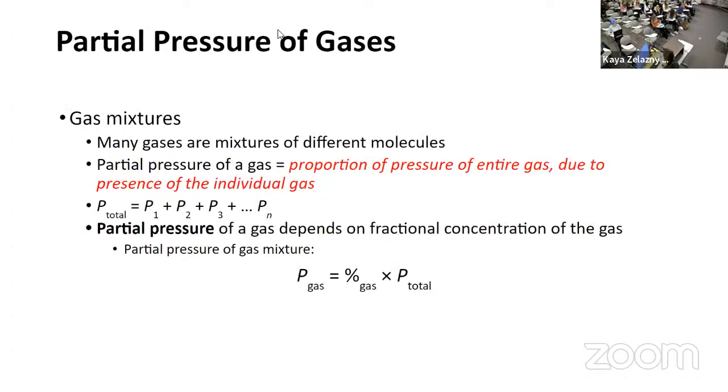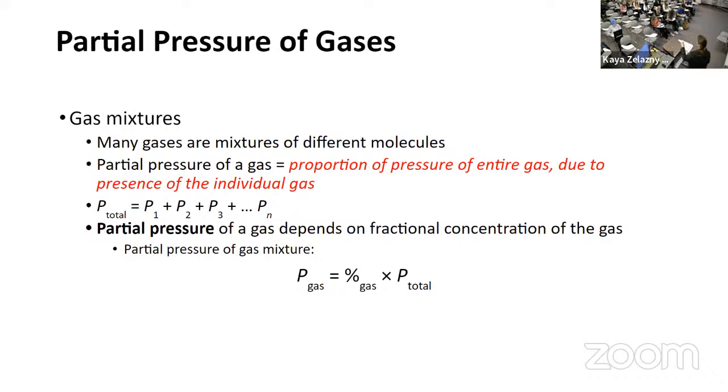Okay. So when we think about the air we're breathing, the air you're breathing is not pure oxygen, right? That's why sometimes people need to use oxygen tanks. Sometimes we need to change the composition of the air people breathe under certain conditions, right? So many gases, including the air we breathe, are mixtures of different molecules, different types of gases, okay? So when I think about the partial pressure of a gas, what we're saying is that the air around us, all of it together, has some pressure, right?